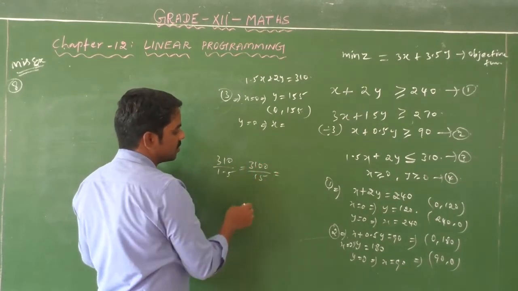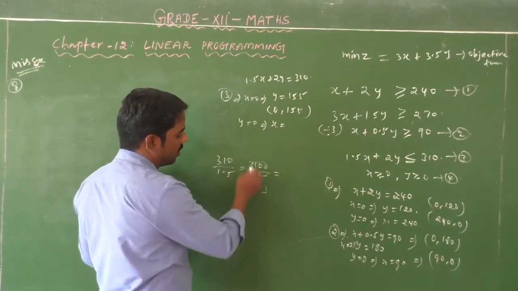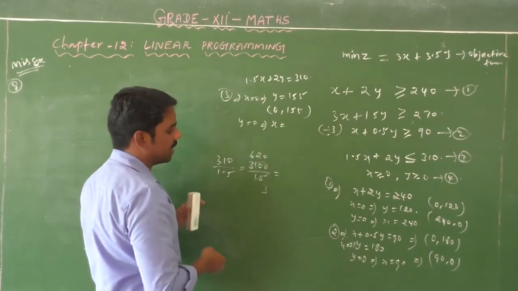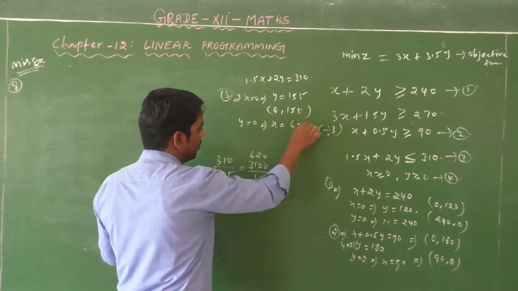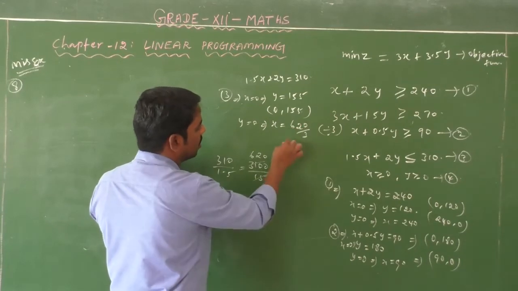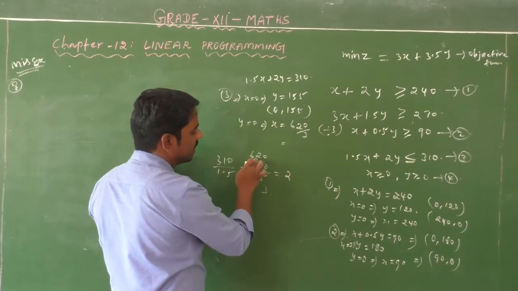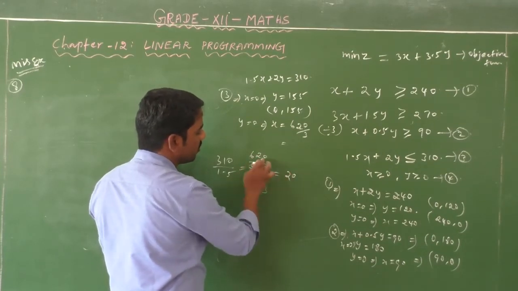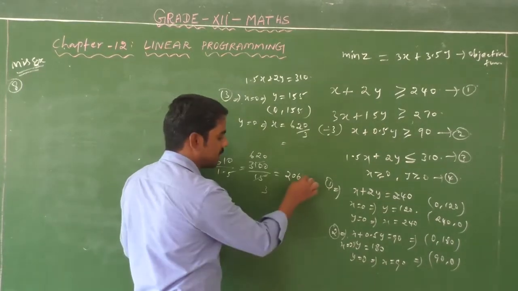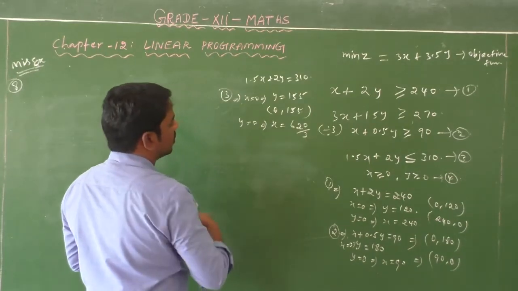Simplify this: 3 times 5 is 15 and 6 times 5 is 30, remaining 620 by 3. 620 divided by 3 is 206.6. So the point is 206.6.